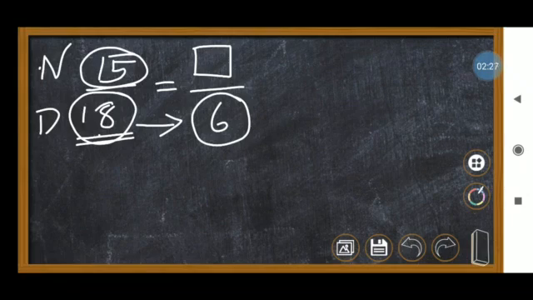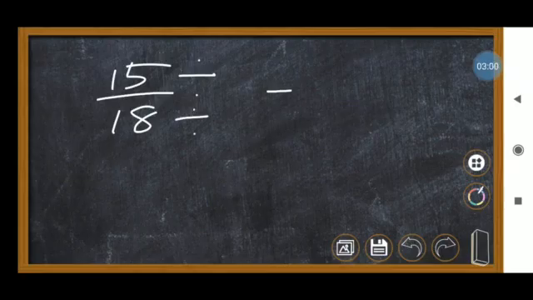So we have to divide both the numerator and the denominator by the same number.